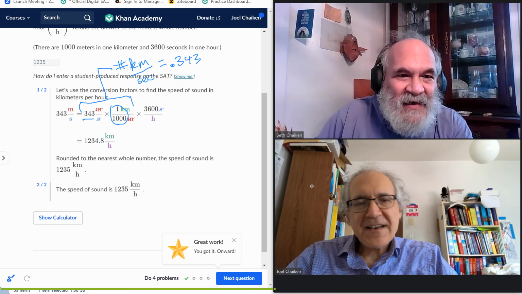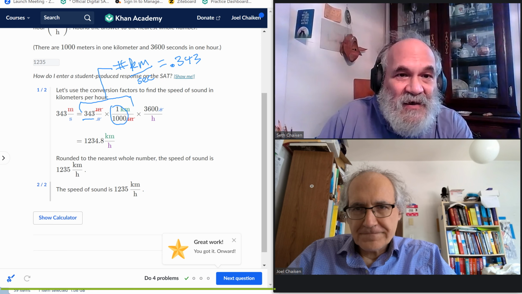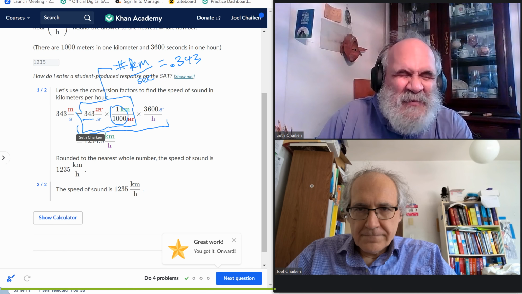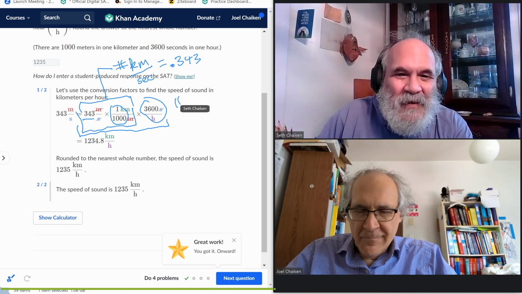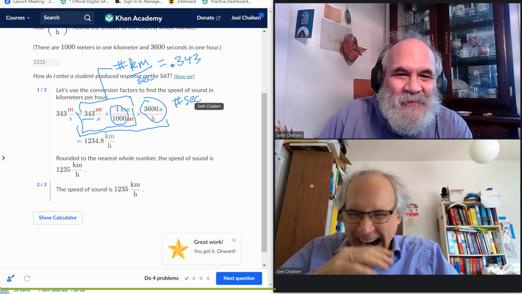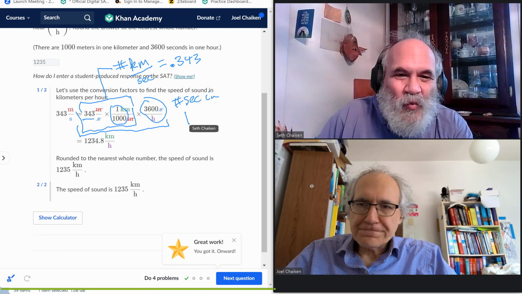Then we take this solution, the number of kilometers it goes in 1 second, and multiply it by the number of seconds in an hour.